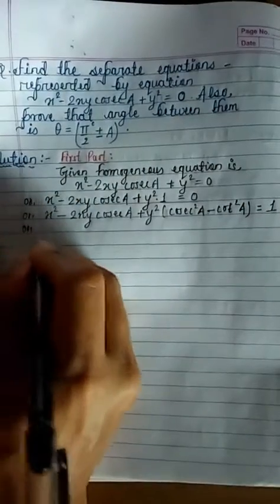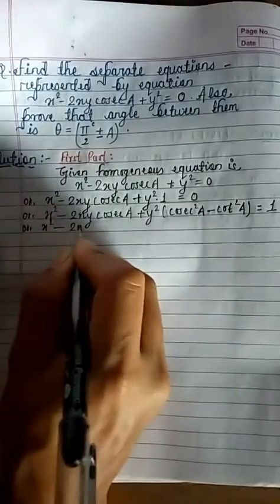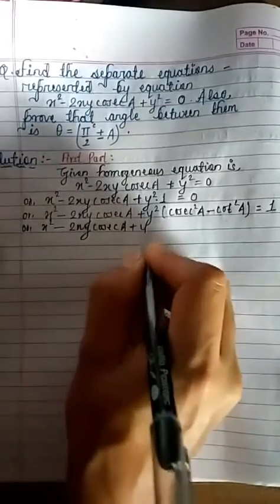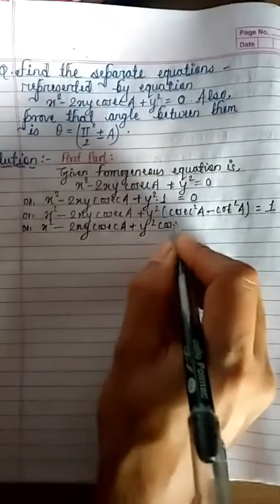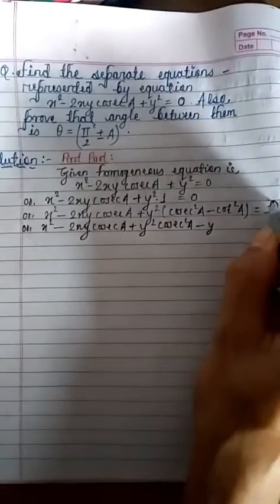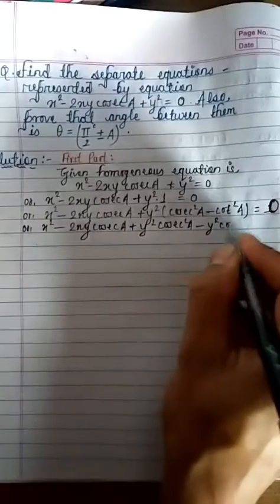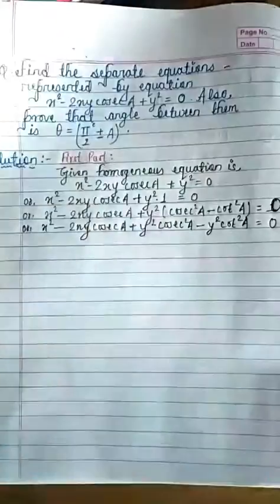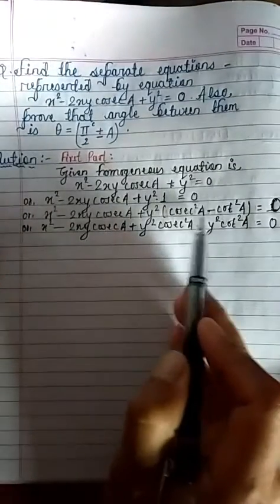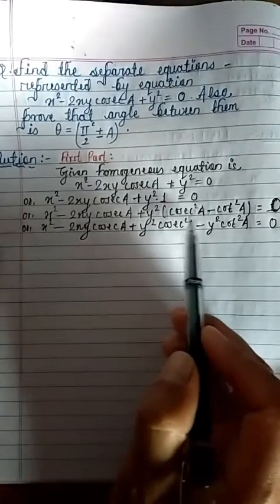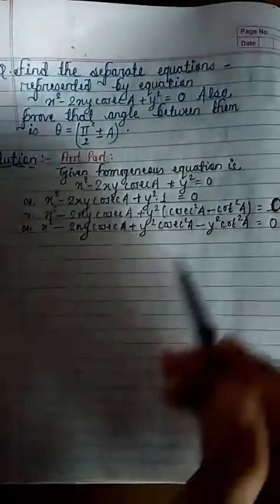In form of a we have written it because our angle is a. Now we open the bracket: x square minus 2xy cosec a plus y square cosec square a minus y square cot square a equal to 0. See, instead of 1 we wrote cosec square a minus cot square a, because the value of cosec square a minus cot square a is 1, and after opening the bracket we arrive at this position.